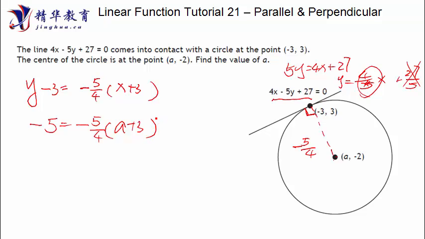Then we multiply both sides by -4. We get 20 equals -4 times... 5 times a plus 3. Then a plus 3 equals 20 divided by 5, which is 4, and a equals 1. That's how to find the value of a.